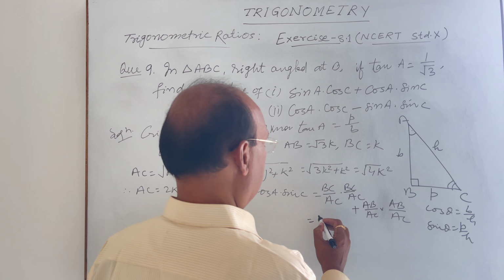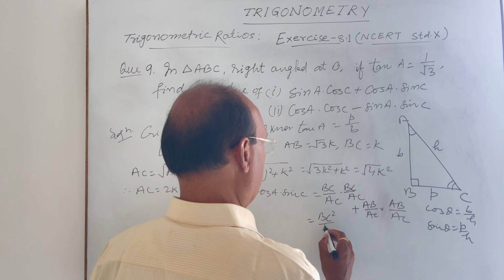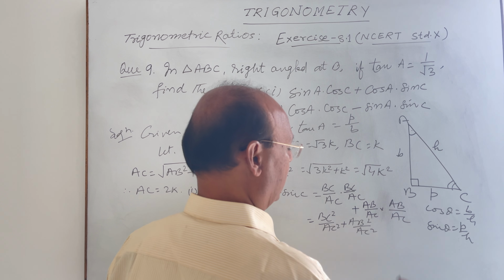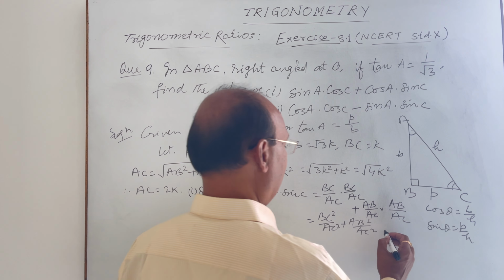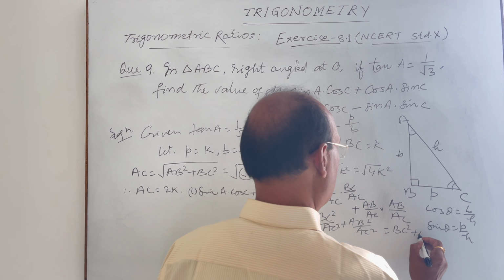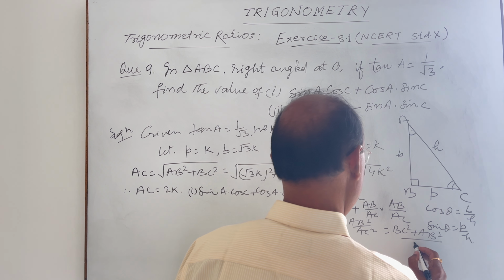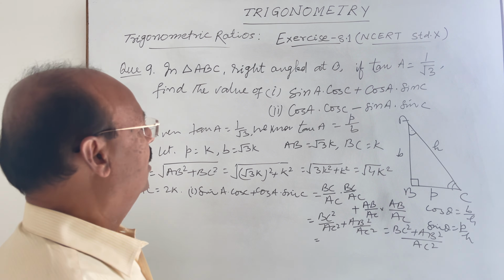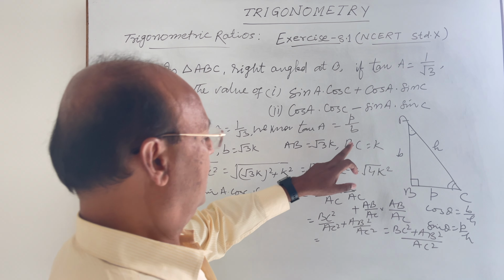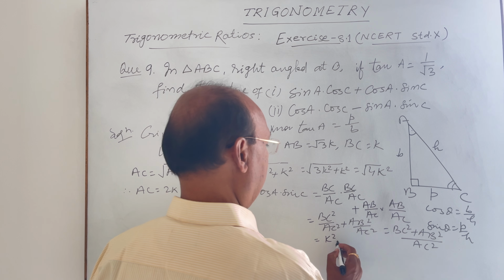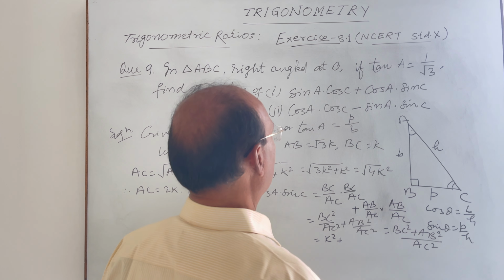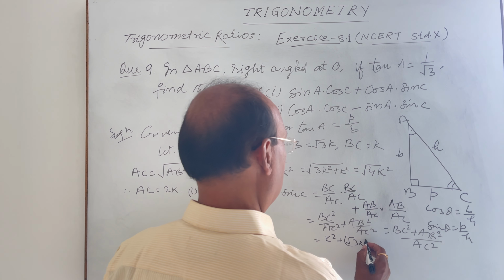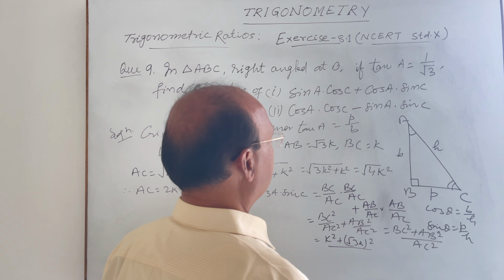So what we are getting here is BC square by AC square plus AB square by AC square, correct? AC square is the LCM here, so this is BC square plus AB square divided by AC square. And BC square means how much? BC is K. So in the numerator K square, and here AB square is root 3K whole square, divided by AC square.